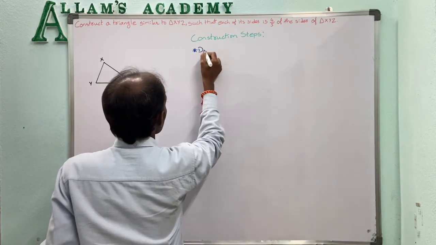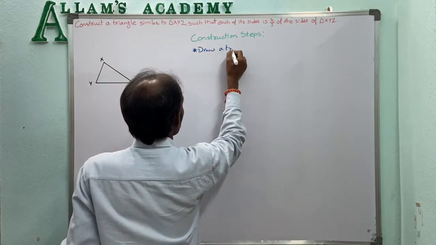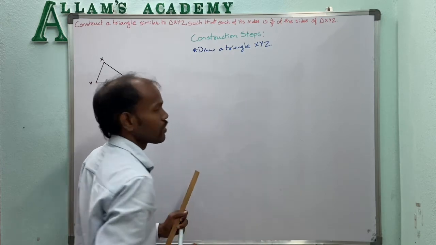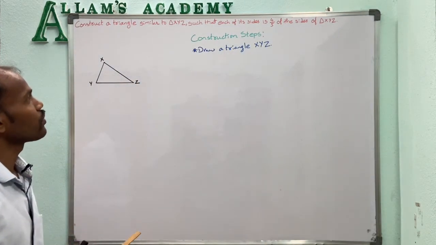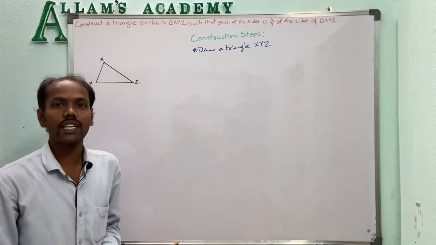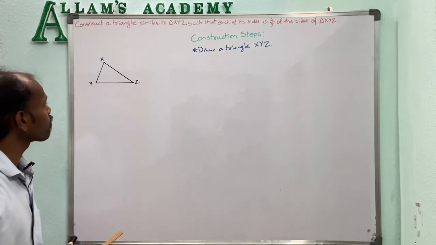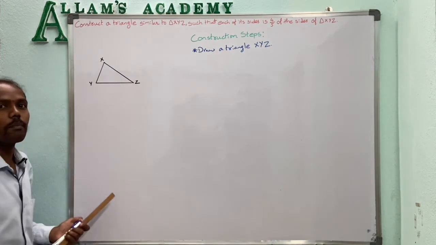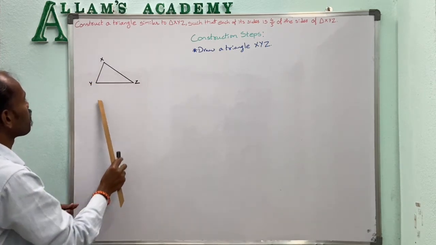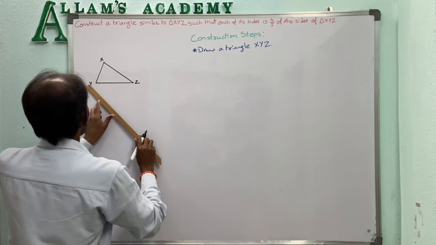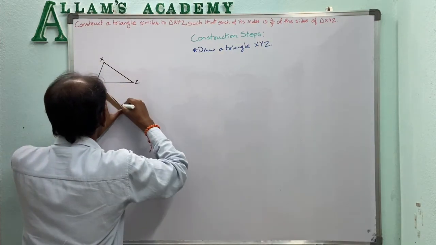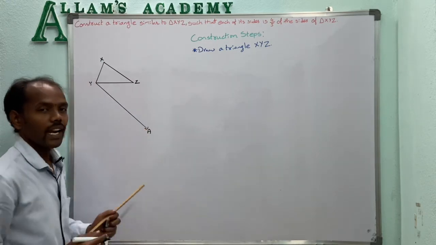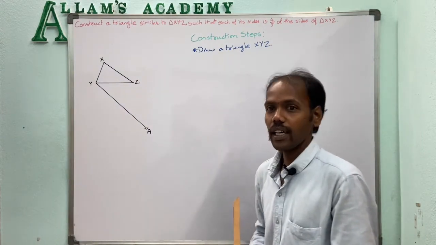Draw a triangle XYZ. For drawing the 4/5 ratio similar triangle, similar to the previous problem model, here we have to draw an acute angle to the base YZ from point Y. That line segment we will take as YA.